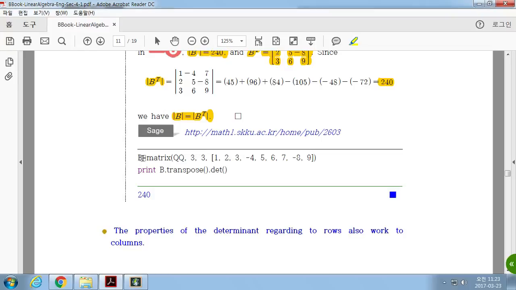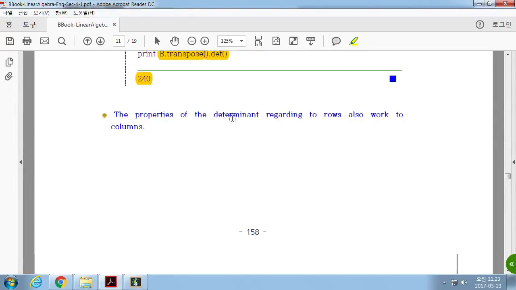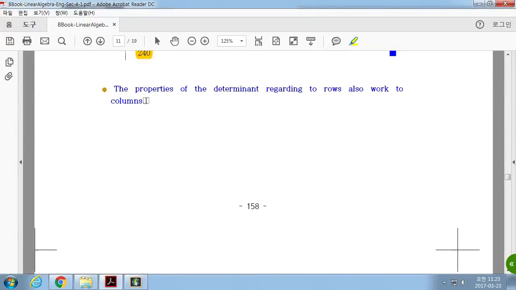Here, for the B matrix, you found the transpose of B and its determinant, and you will have the same value. If you randomly generate a matrix, it also will work. This gives you the property that any property of determinant regarding the rows also works for columns. So if you find any property of determinant for rows, then the same works for the columns.